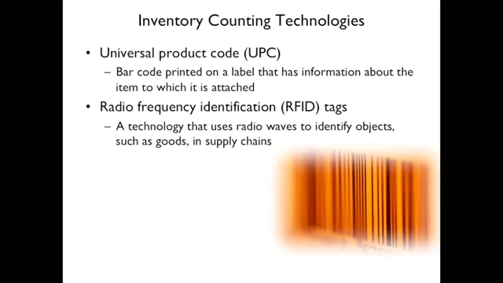The second is something called an RFID, and it uses radio waves to identify objects. So one example, sometimes you go to a hotel and you'll hold the card up to the door.